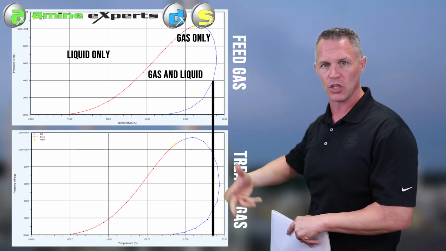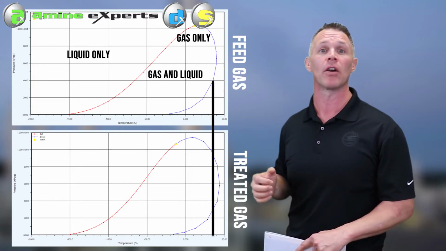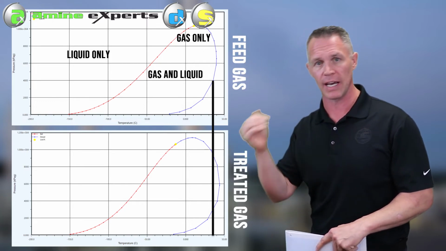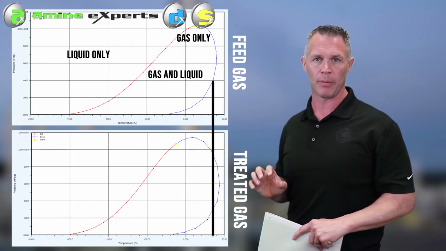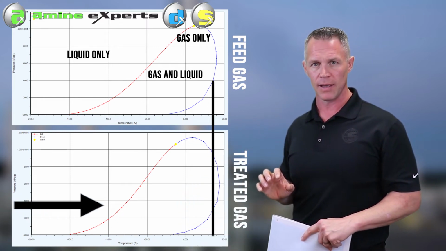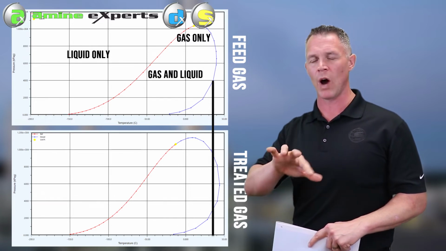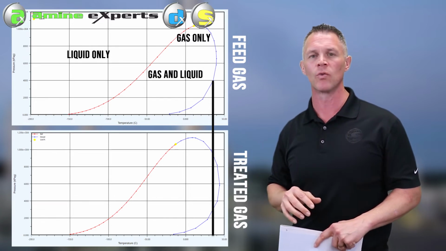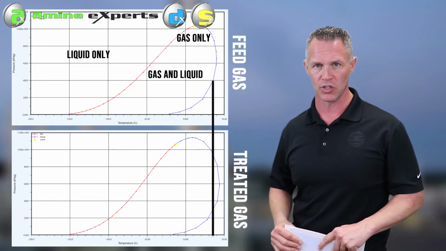Because we've removed H2S and CO2, the remaining hydrocarbons are at a higher concentration in the treated gas than they were in the feed gas. So the hydrocarbon dew point shifts to the right, and you can condense hydrocarbons easier. That's why we keep a 5 or 10 degree differential temperature on high acid gas removal situations.